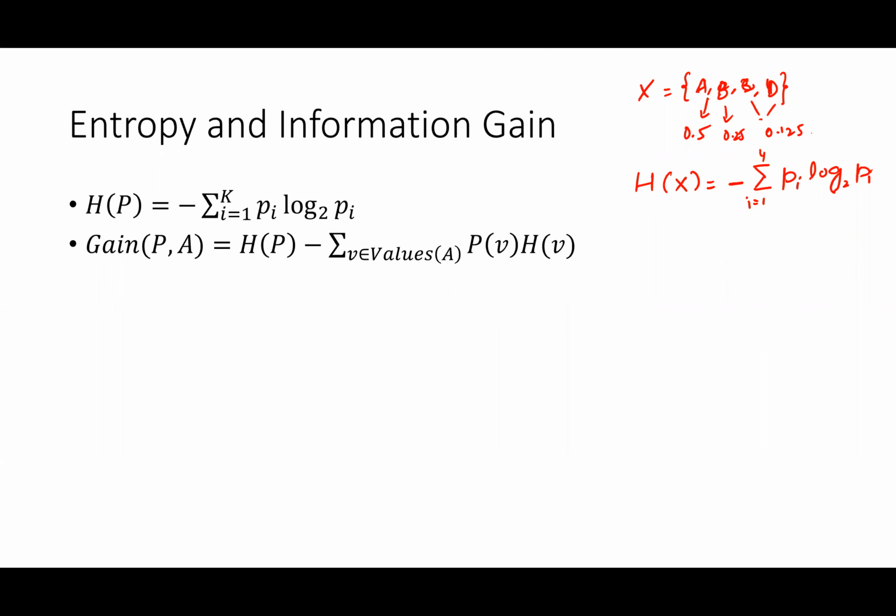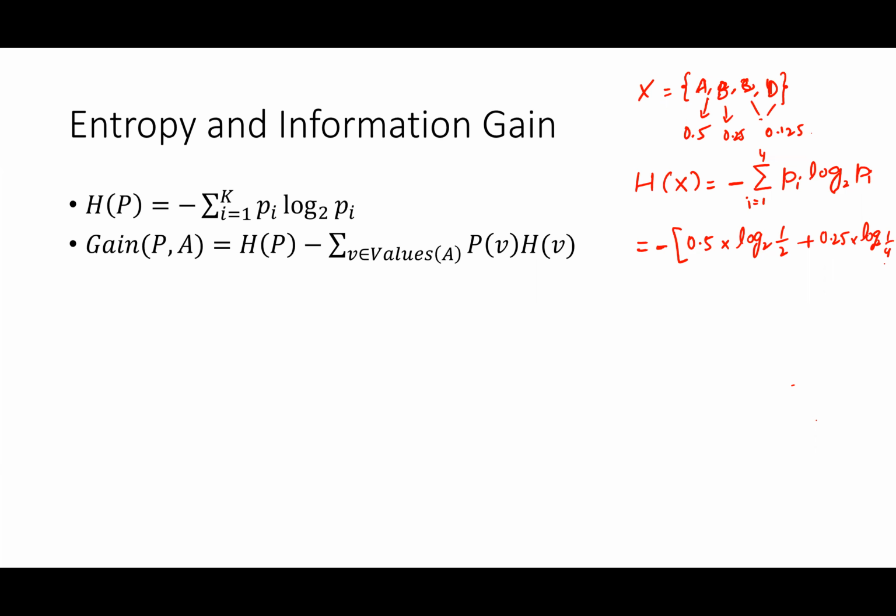Okay, so now in this case, what is this? Let us take minus out. p1 is the probability of symbol a, that is 0.5. Then log to the base 2 of the probability of i, that is log to the base 2 of 1 by 2, plus we have 0.25 times log to the base 2 of 1 by 4.